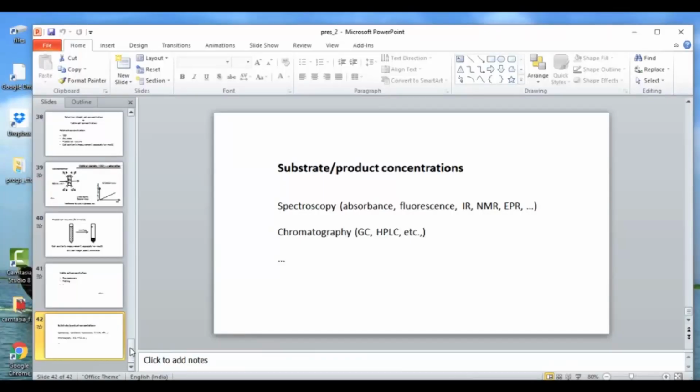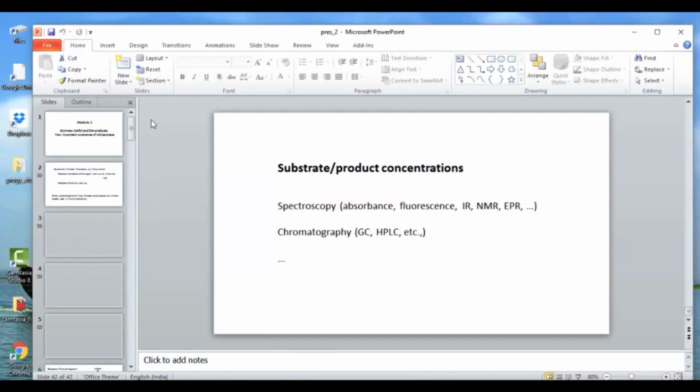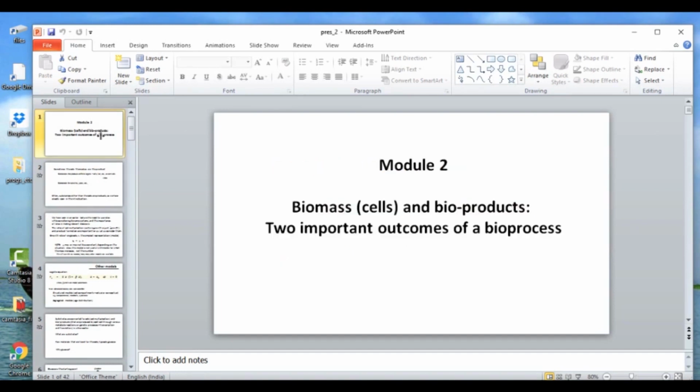Very briefly summarizing what we did in module 2, we looked at biomass and bioproducts as two important outcomes of a bioprocess. That was the main theme of module 2.